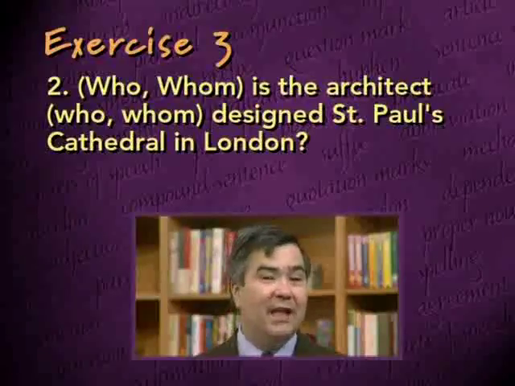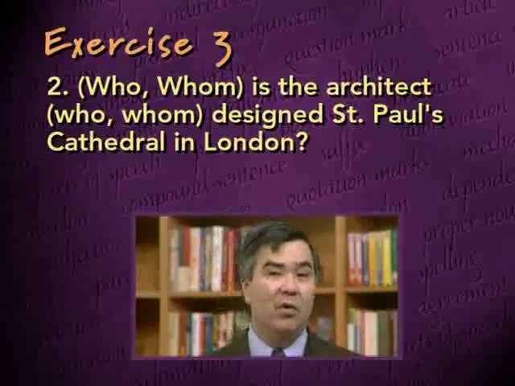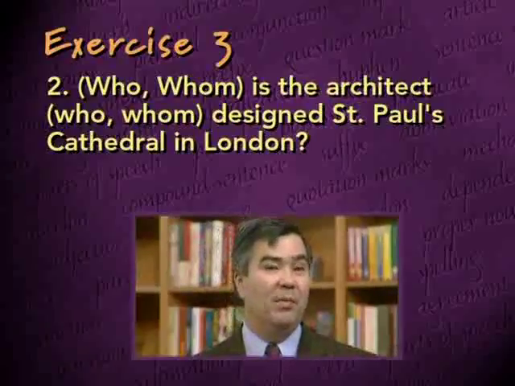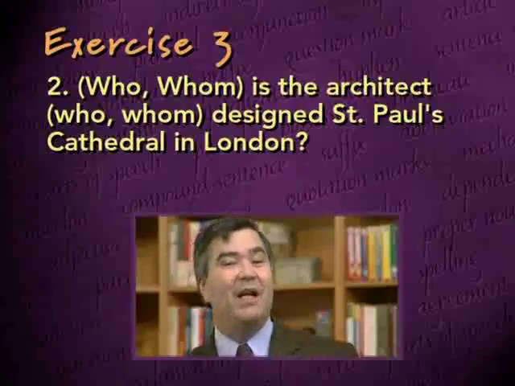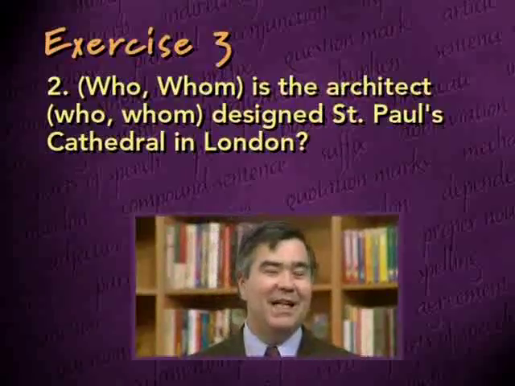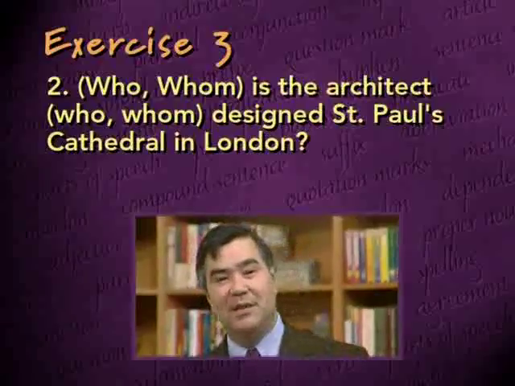In both cases, who turns out to be correct. And remember, our rule is to look for the verb that follows who or whom and decide where the subject of that verb appears. If who or whom is the subject, then who is correct. If who or whom is not the subject, then whom is correct.